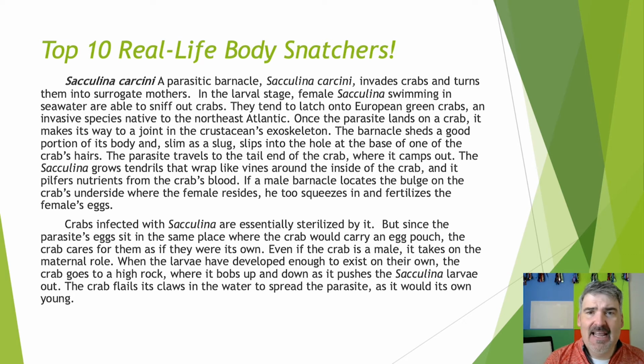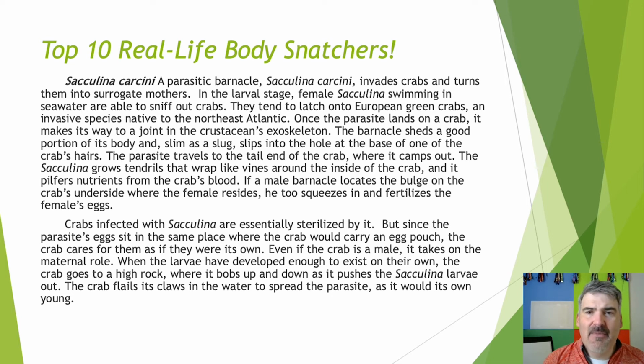Sacculina carcini. This is a barnacle, a small sea creature with a shell that sticks very tightly and in large numbers to rocks and the bottoms of boats. But this particular barnacle is a parasitic barnacle. It invades crabs and turns them into surrogate mothers.